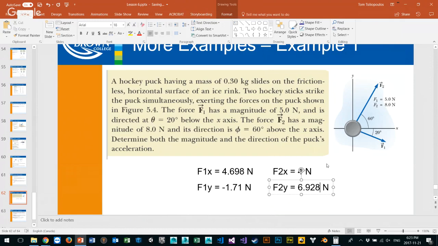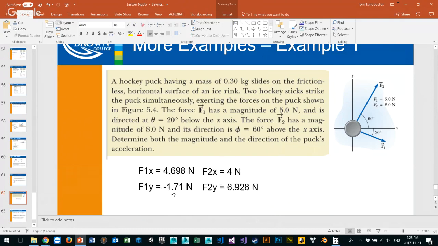So how do we figure this out? If we just use regular logic, we just add these together. Let's say the resultant force, we'll call it F. I'll grab these two things, as well as those two things, and move them over.